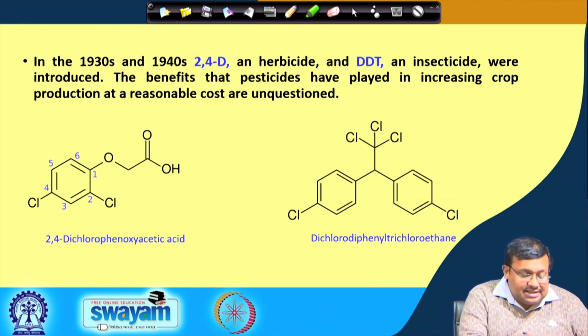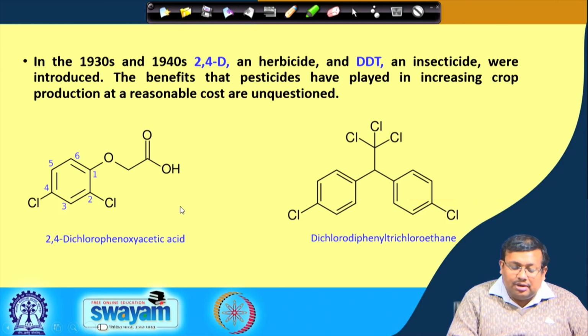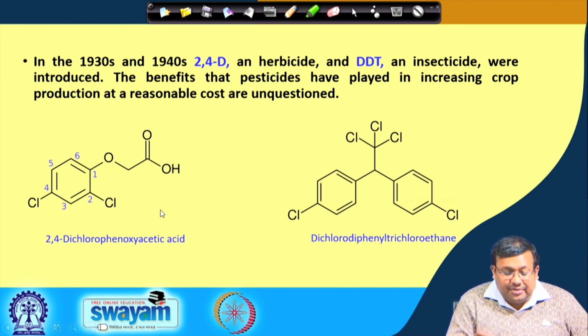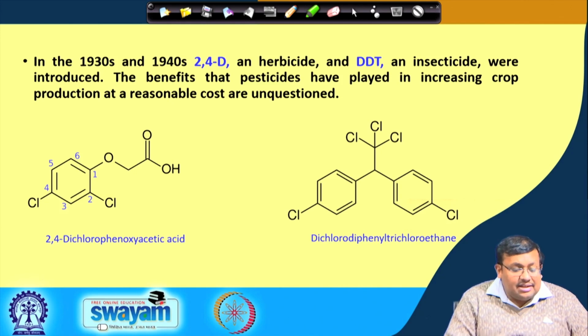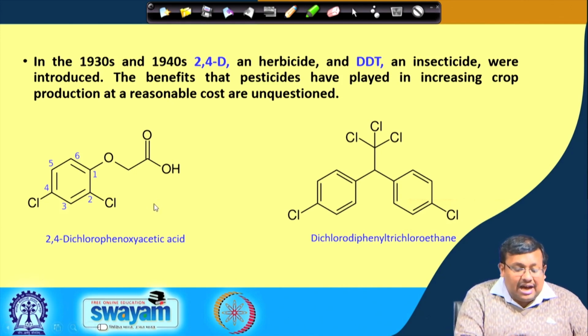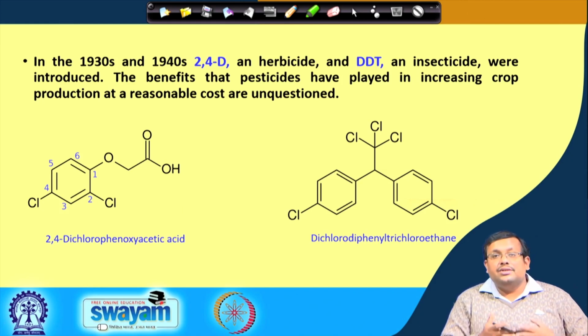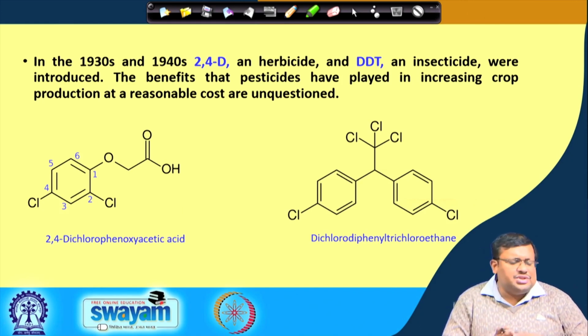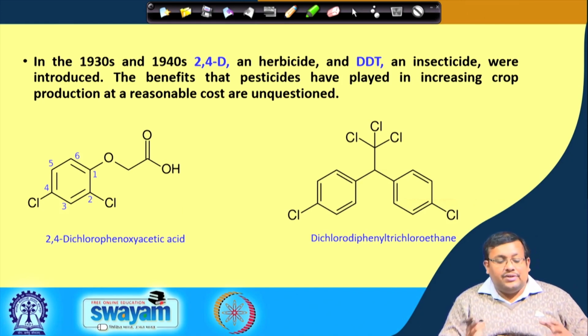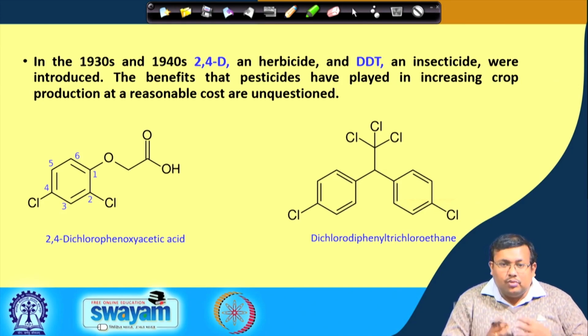As you can see in this slide, I have presented the structure of both these chemicals. So, this 2,4-D is a herbicide, and this DDT is an insecticide, and they were introduced in 1930s and 1940s, and are highly effective for controlling different types of weeds as well as different types of insects.